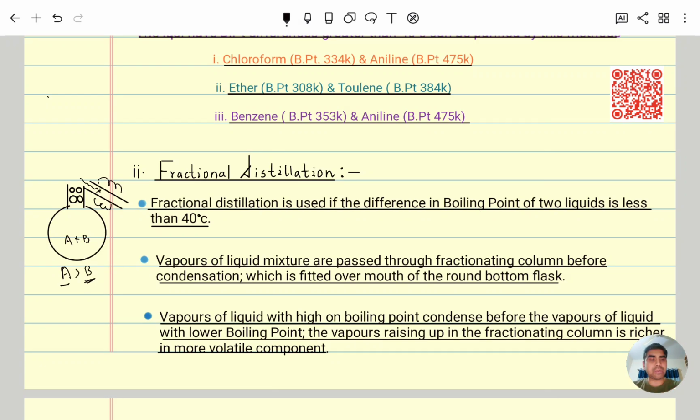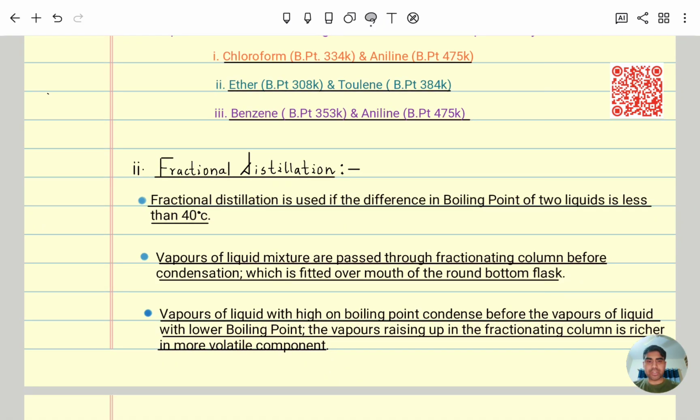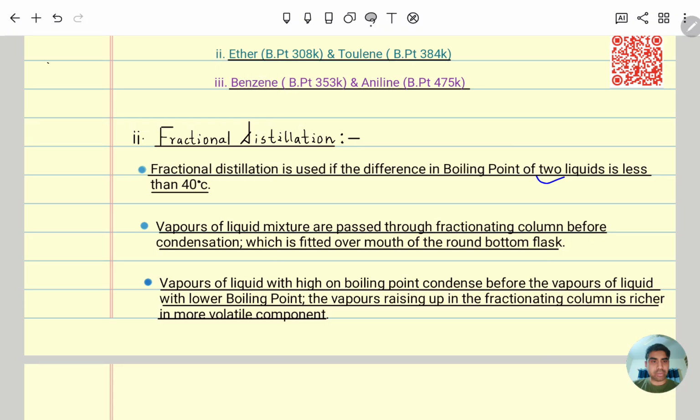So it will again dip down into the beaker. Like this, step by step, the vapors will pass the glass beads and be collected in another beaker. So you can see here, fractional distillation is used when the difference in boiling points of liquids is less than 40 degrees Celsius.